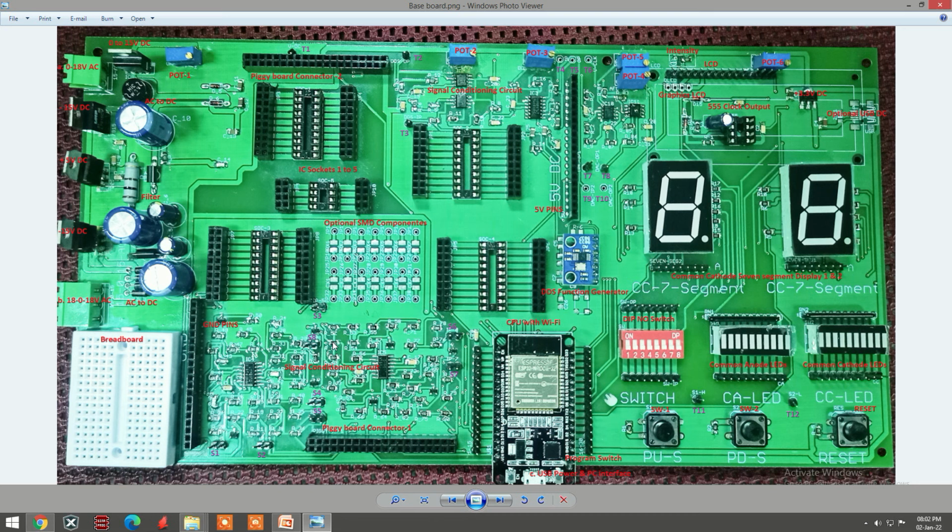On this baseboard, equipment like power supply, function generator, DSO, and logic analyzer, and of course the most common components like sockets, LEDs, 7-segment display, switches, and the breadboard, and optional components, 555 clock source, LCD display. So many functions we are able to provide in one system itself. That is the meaning of a mobile lab.